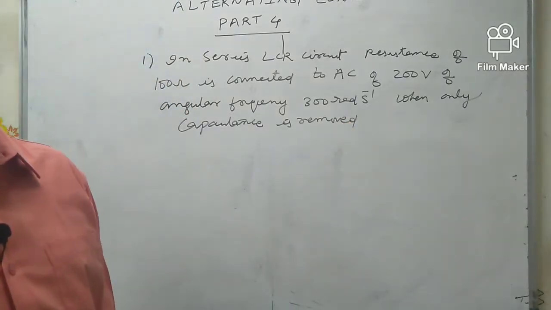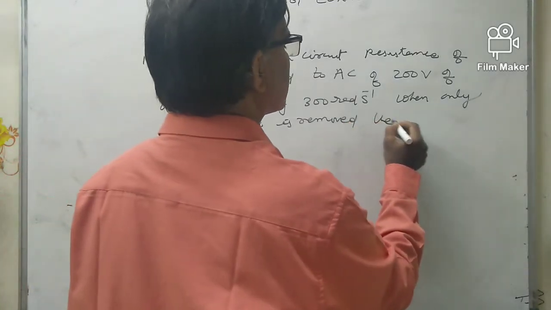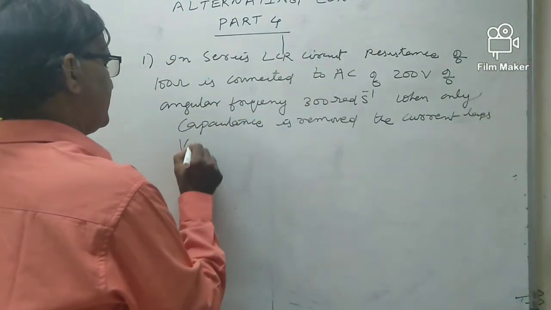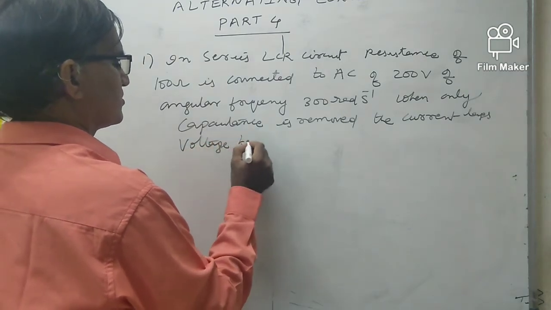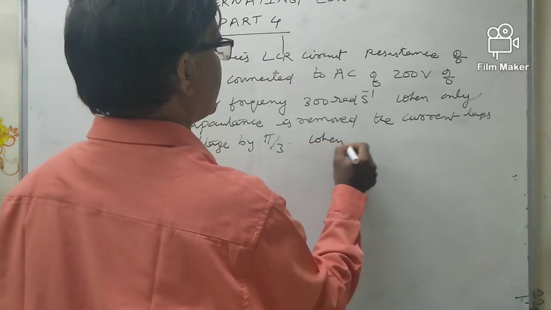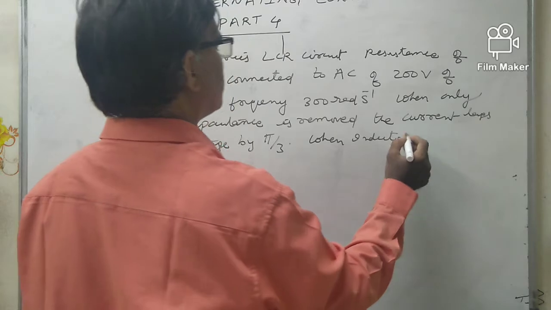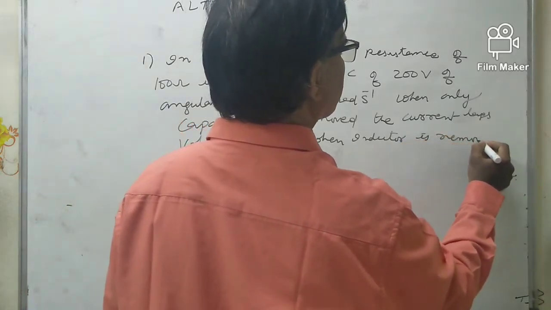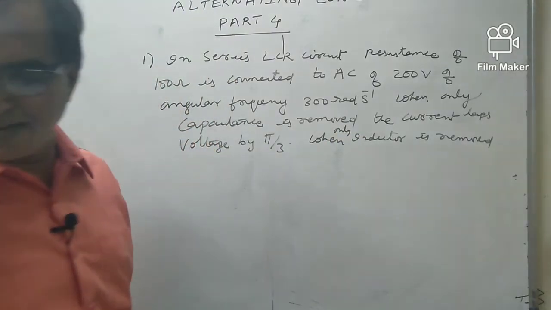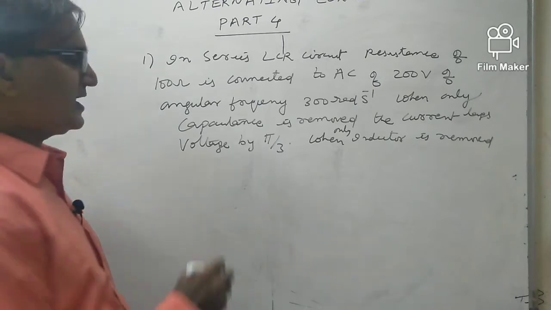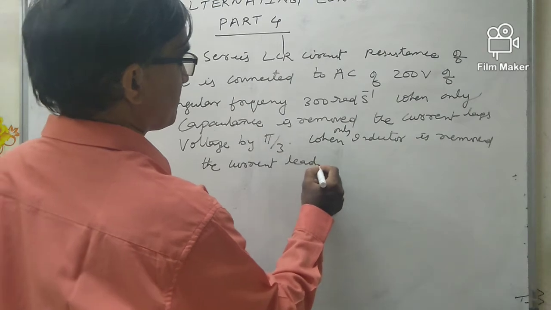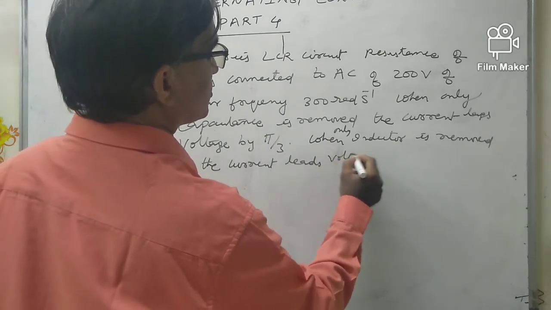When only capacitance is removed, the current lags voltage by pi by 3. When only inductor is removed, the current leads voltage by pi by 3.